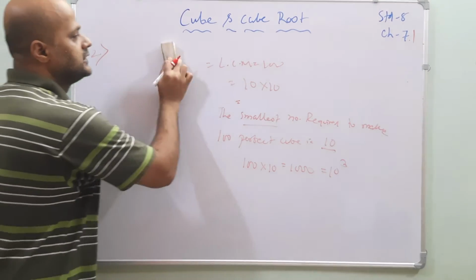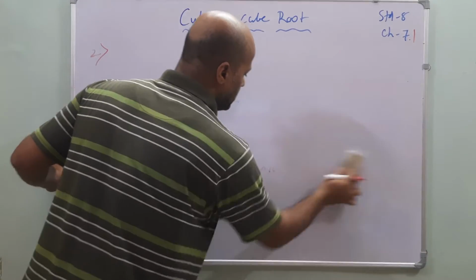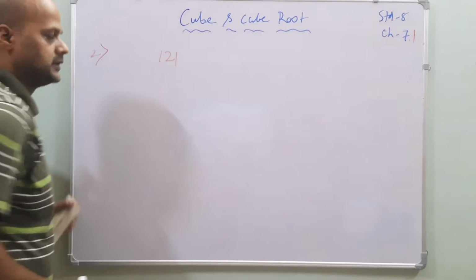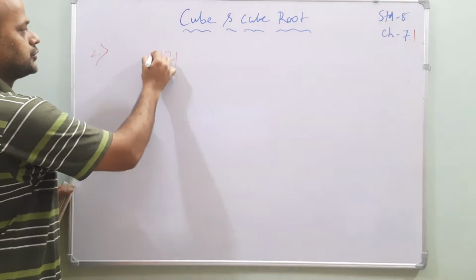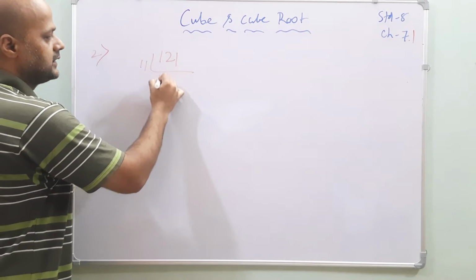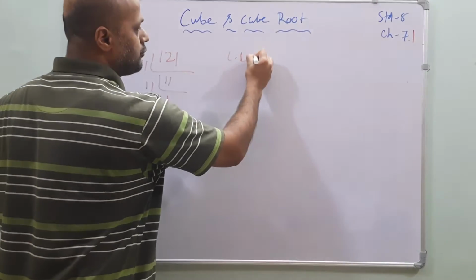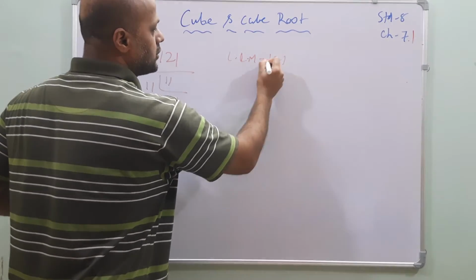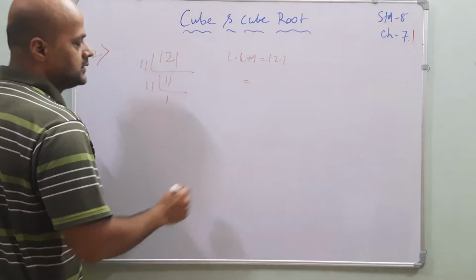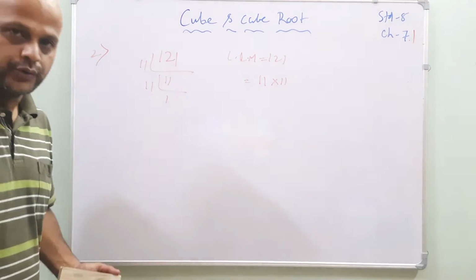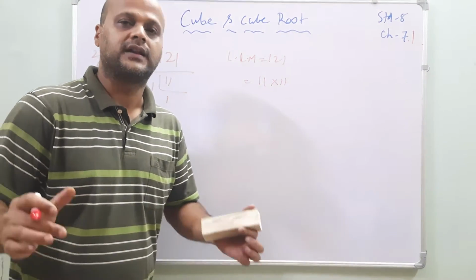What is the other example it is saying? Let's take an example of 121. 11 elevens are 121 and 11 ones are 11. Here what is the LCM of 121? The LCM of 121 is 11 into 11. To make a perfect cube, what do we want? We want another 11.